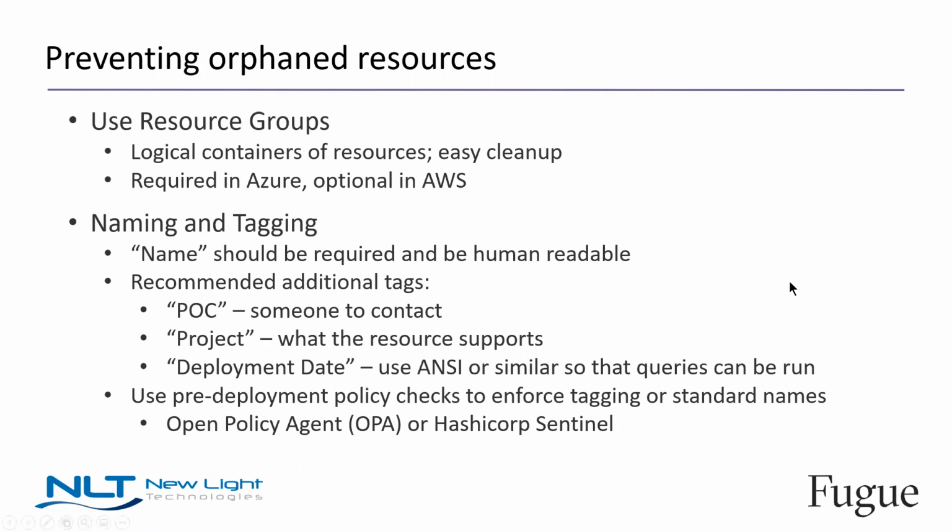Sure thing, thanks. Fugue has a long history of innovation in policy as code. We actually have some pretty fundamental patents on policy as code. We've been working in this area for years, but one of the things we're really excited about with OPA, Open Policy Agent, is that it has now been adopted by the Cloud Native Computing Foundation, who are the folks who maintain Kubernetes.